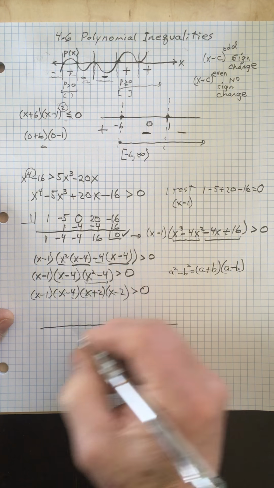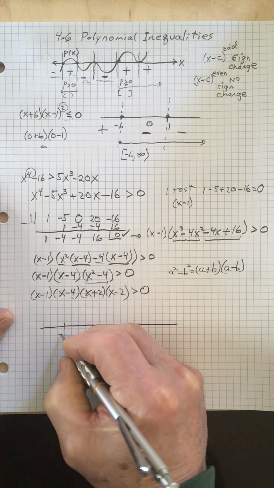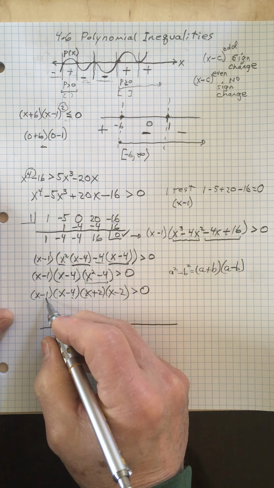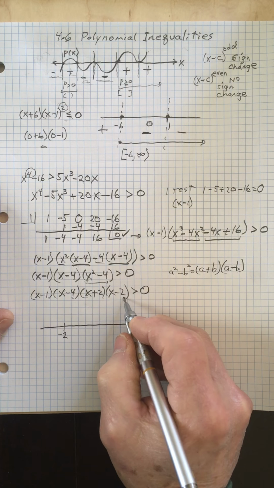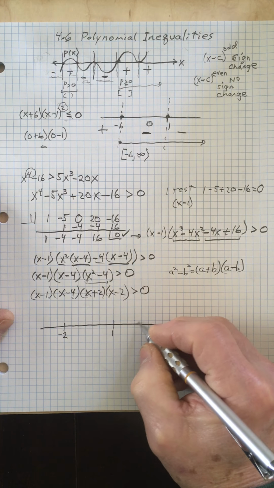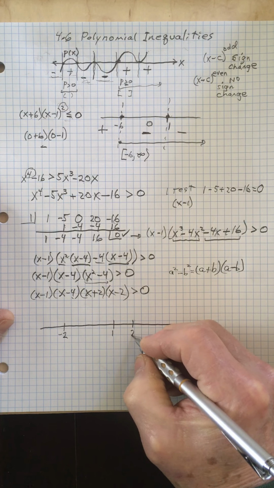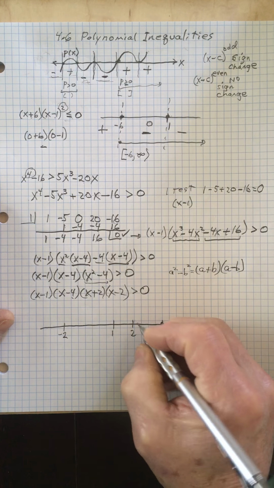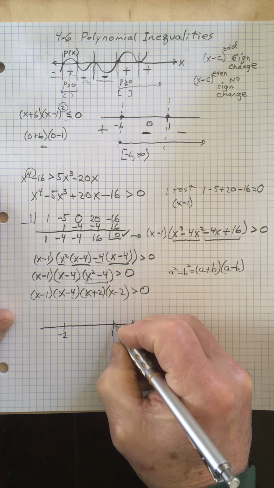That's a negative root, so let me start with that one. Okay, and then we have a root of 1, 2, and 4. So 1, 2, 4. Probably should put little dots there where we're going to plot them.